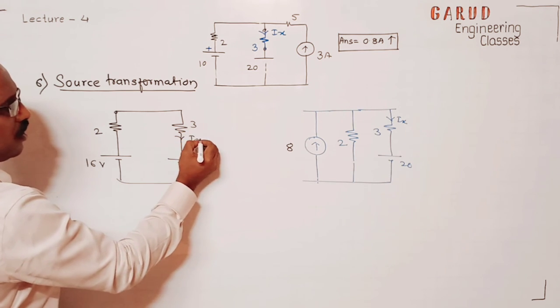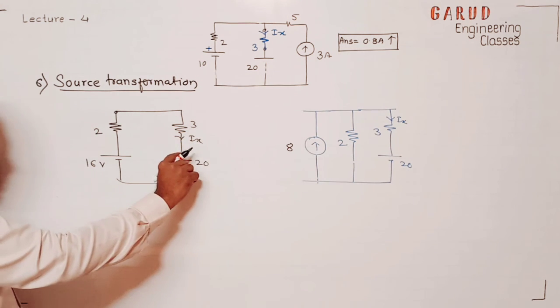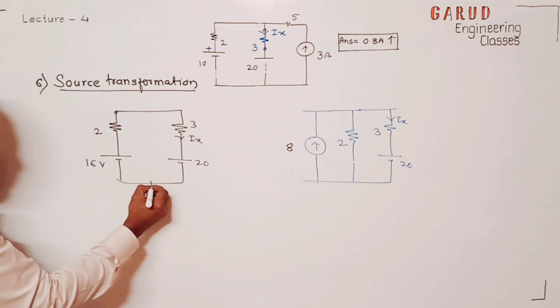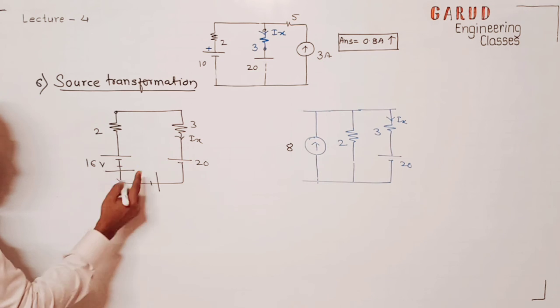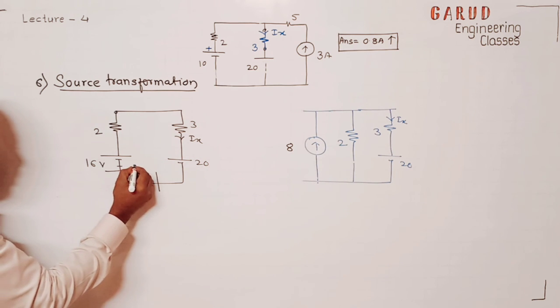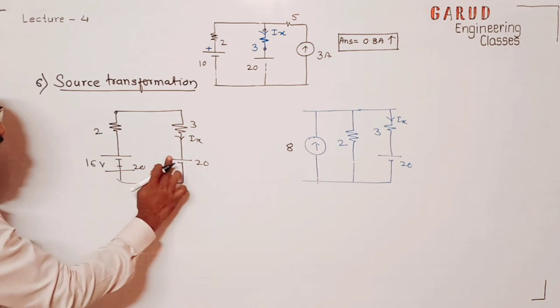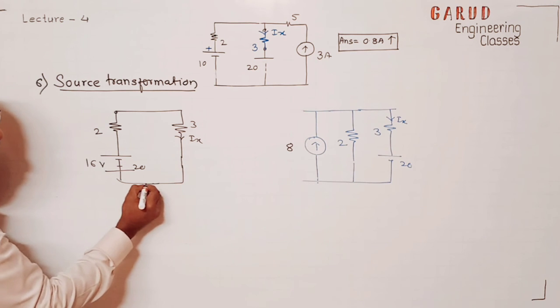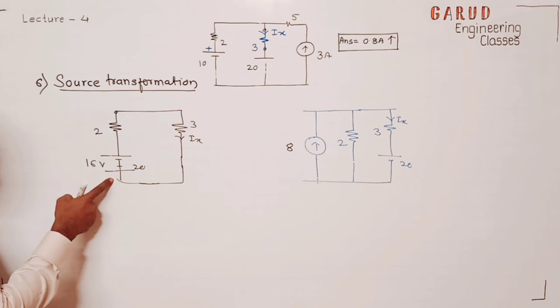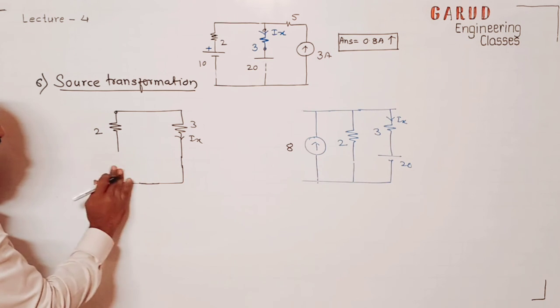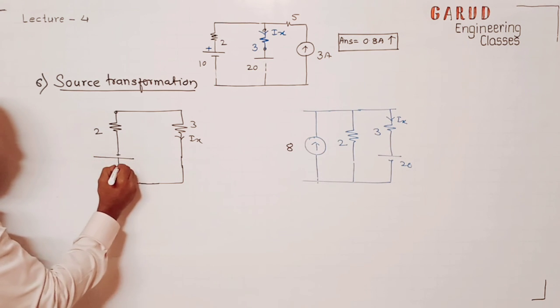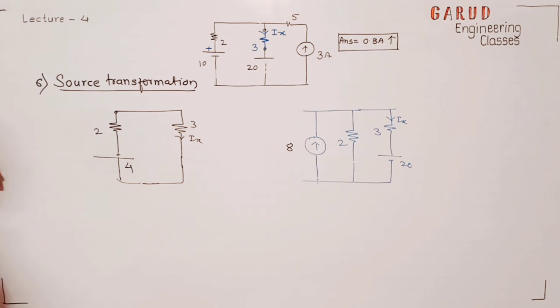Now can I shift this here? Yes. I can shift it somewhere. Here I can say it is 20, so I remove it here. Positive, negative, negative, positive, so 4 volt in this direction. So here will be 4 volt in downward direction.